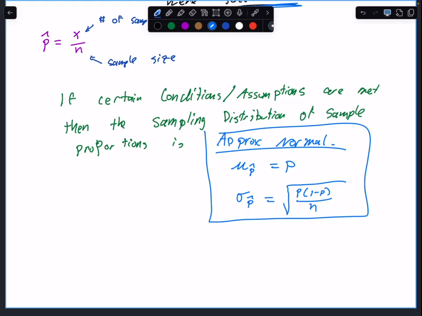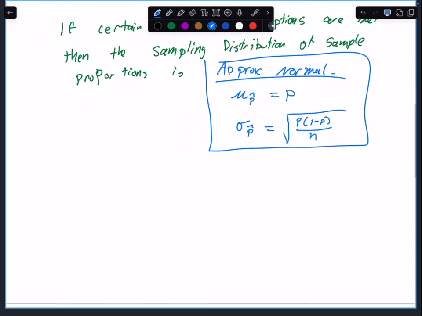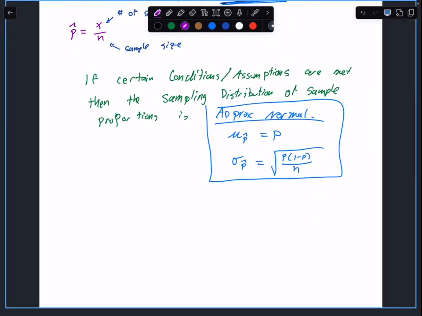However, again, I said if certain conditions and assumptions are met. So the question then lies, what are the assumptions and conditions? There are 3 assumptions or conditions that must be met for this to be true. And we already talked about these in a sense.